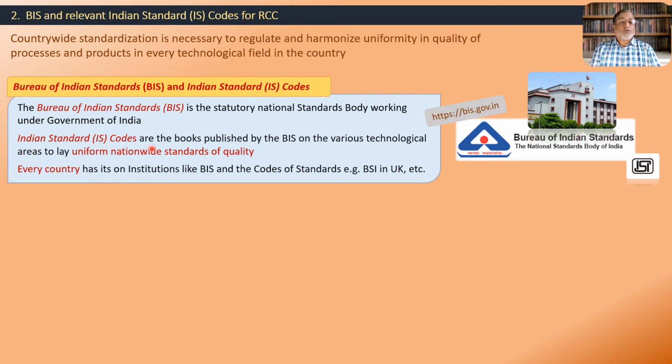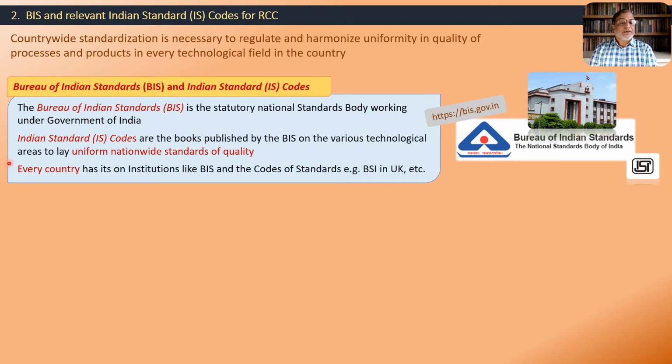These IS codes are the books published by the BIS on various technological areas to lay uniform nationwide standards of quality. Whether it is reinforced concrete, you will have one booklet called Indian Standard for reinforced concrete. You will have another standard for steel structures. You will have another standard for manufacturing of cement.